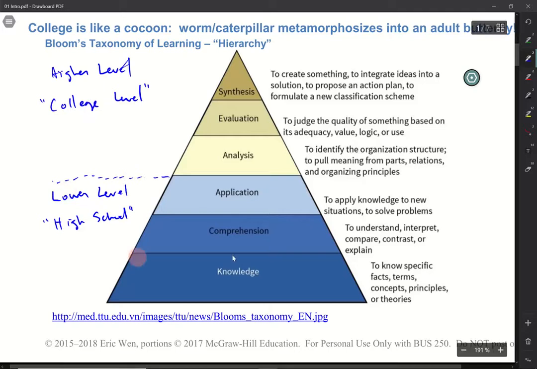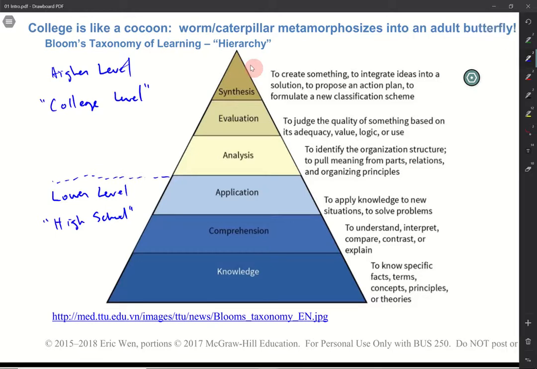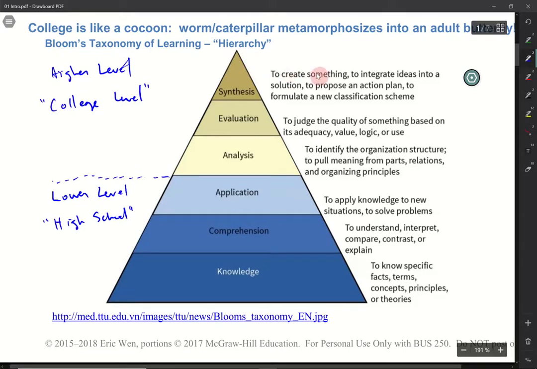Yes, the base shows that there may be more people who are able to regurgitate simple knowledge back at you, and much fewer people who are able to actually do everything at the synthesis level, and perhaps, continuing the analogy, be the entrepreneur type of a person, right? So it could be fewer people up at this level and more people down at this level.